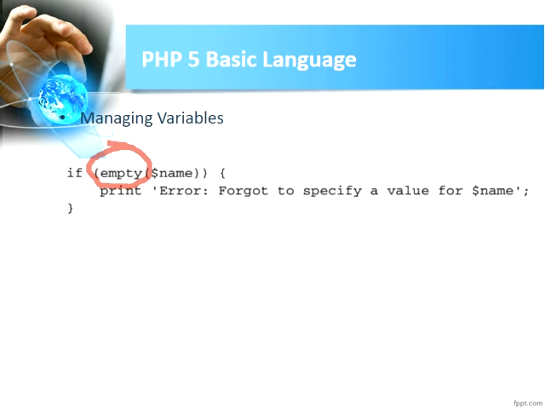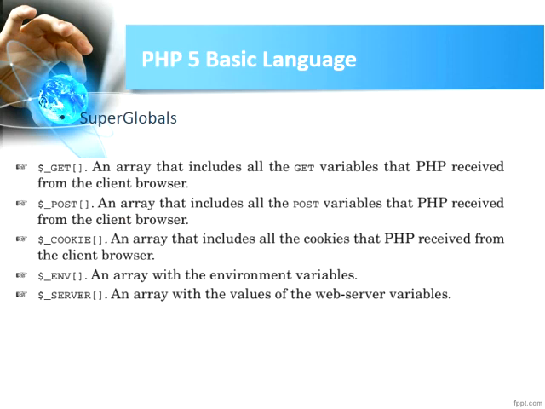Can you give me an example of a super global variable? Yes. Among the super globals we can find $_GET, $_POST, $_COOKIE, $_AUTH, and $_SERVER.